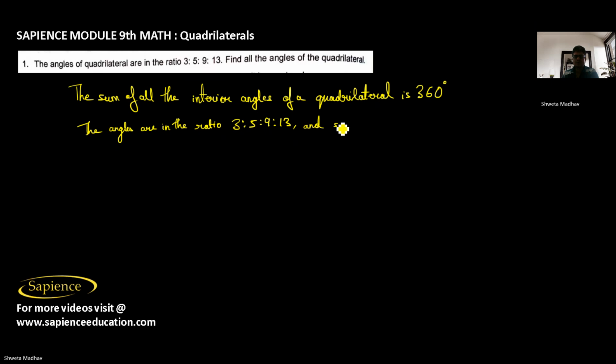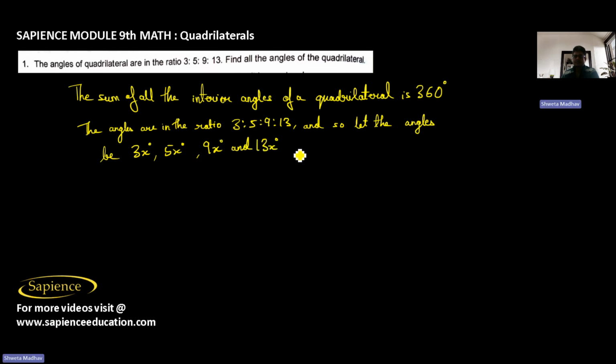So we can say let the angles be 3x degree, 5x degree, 9x degree, and 13x degree respectively. Now, therefore, we can say that their sum is equal to 360.